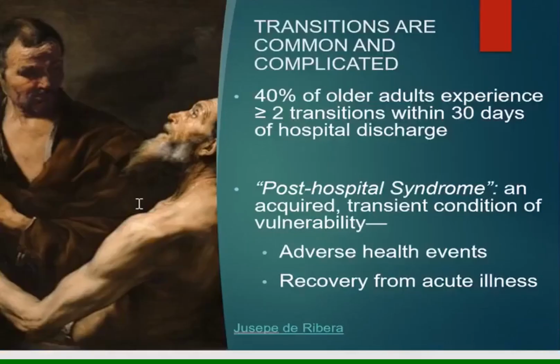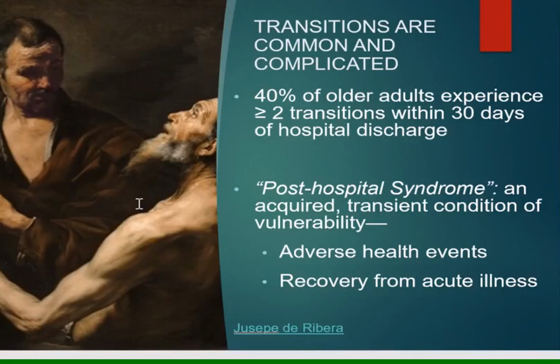So these transitions from the hospital are common and they're complicated. We have 40% of older adults experiencing more than 2 transitions within 30 days of hospital discharge. That might be exemplified by transfer to nursing home, then to emergency room, and then back to the hospital, or nursing home back to the emergency room, and then back to the nursing home as an example.